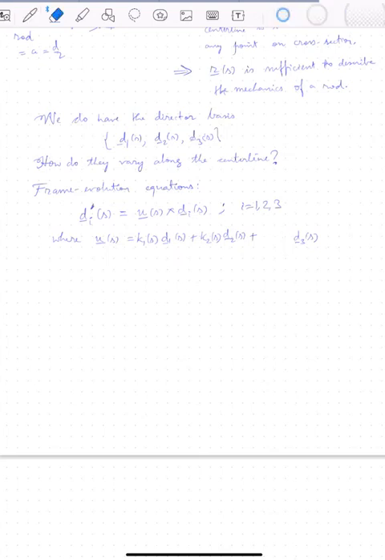And kappa 3, we often tend to call tau of s.